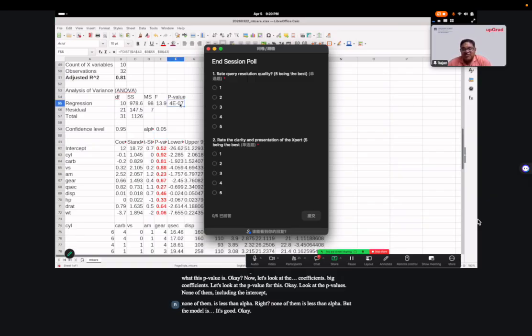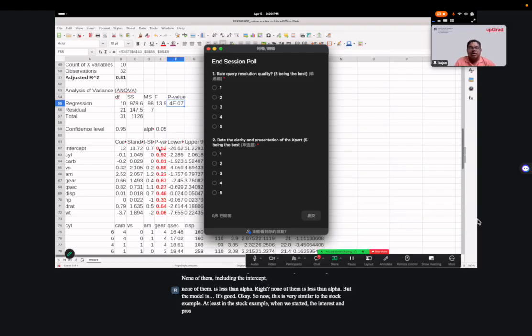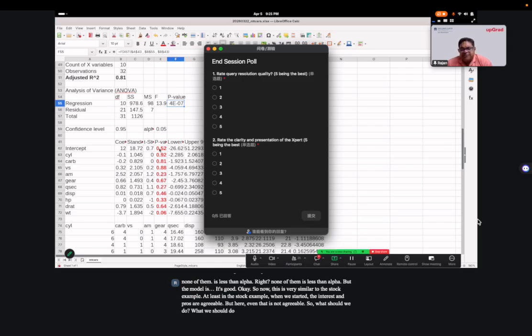Now this is very similar to the stock example. At least in the stock example, when we started, the intercept was agreeable, but here even that is not agreeable. So what should we do? We would probably think first to check the interaction. Well and good. Why?